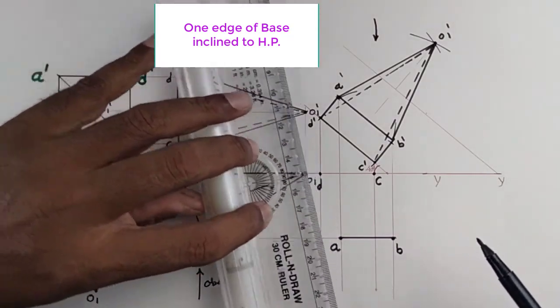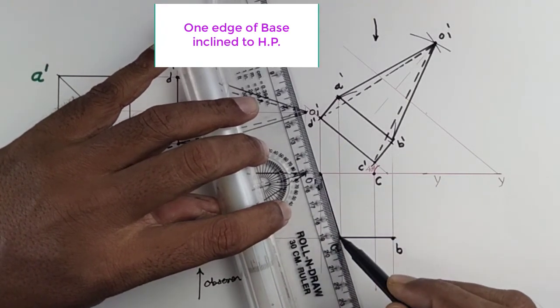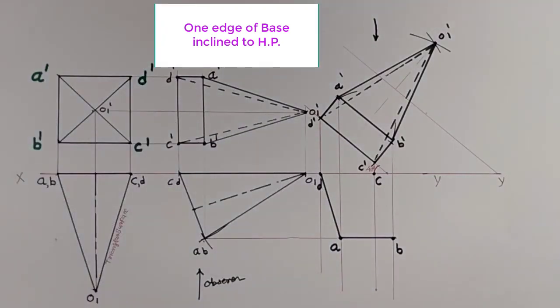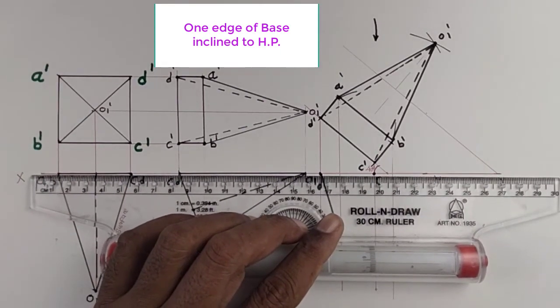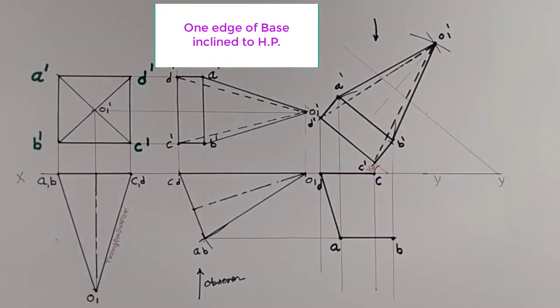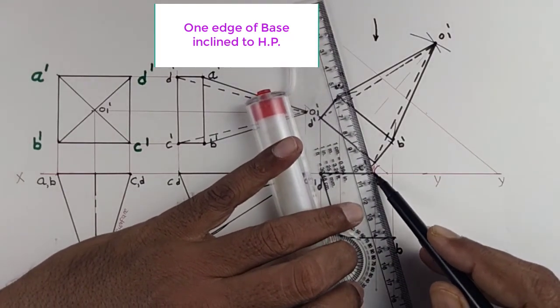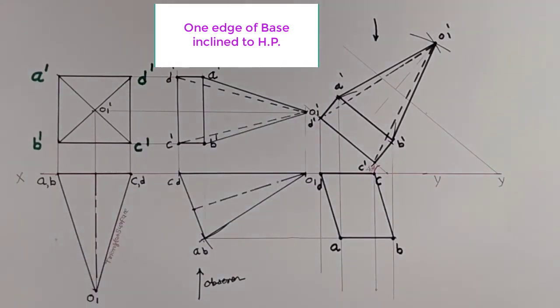A and D is also dark. Your D and C is also dark, and the CB is visible. So I can make the CB also dark.